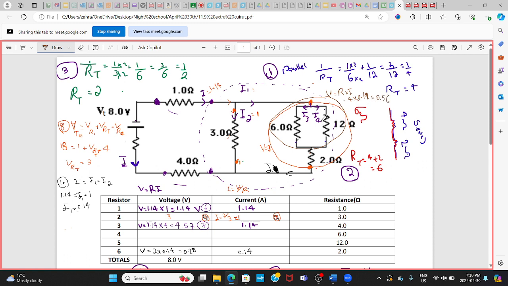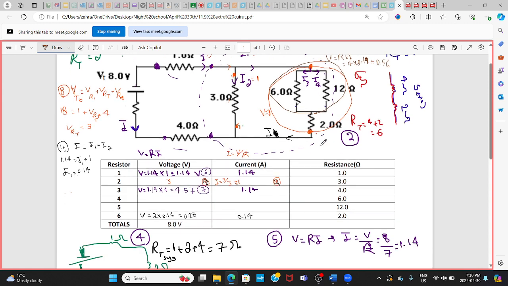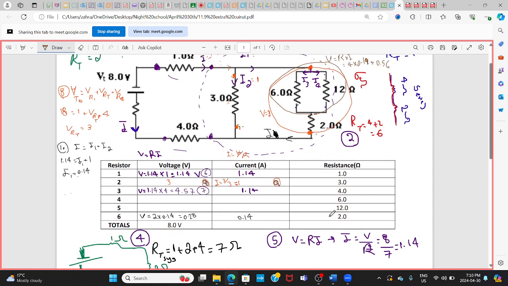Yes. So I was checking some of the answers on the same question on the Google Classroom, and it's saying that instead of 3 for the voltage for resistor 2, it's 2.3, and the current for resistor 2 is also different. So I'm a little bit confused why the answers are different. Sorry, which row is different?